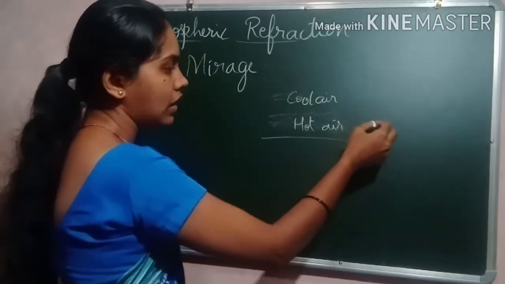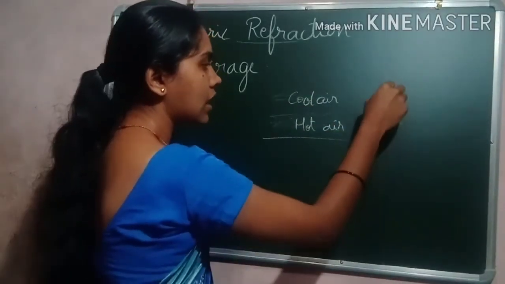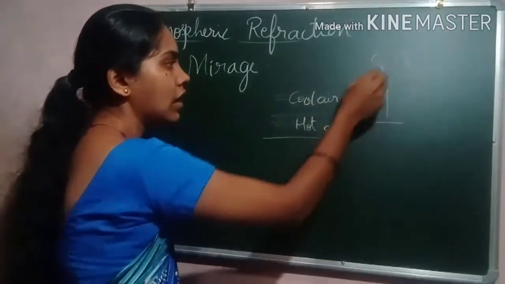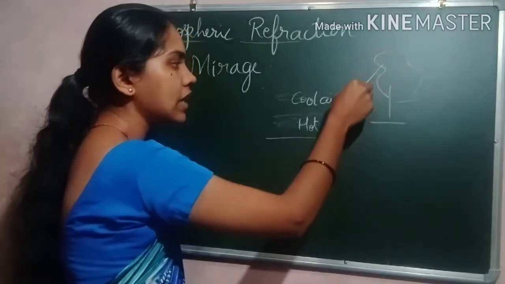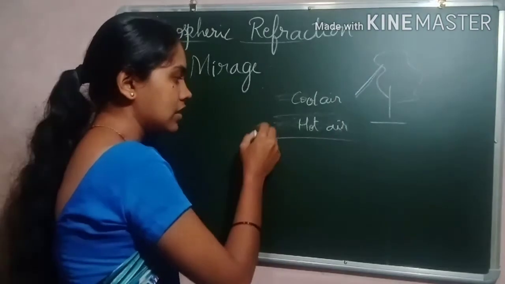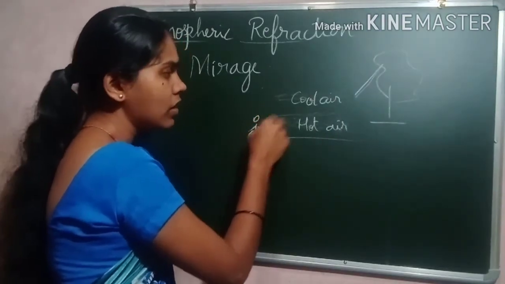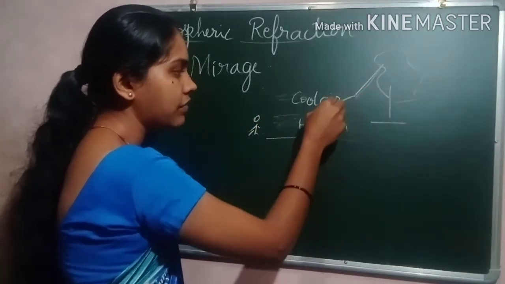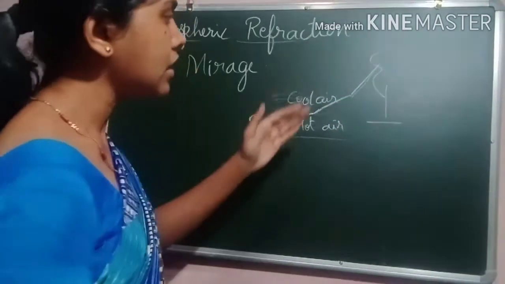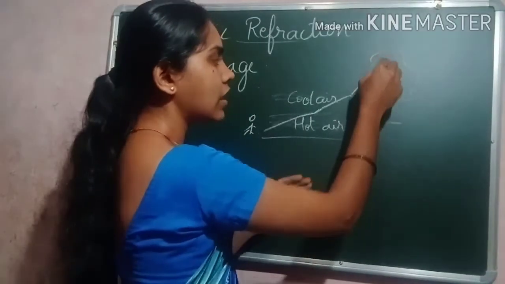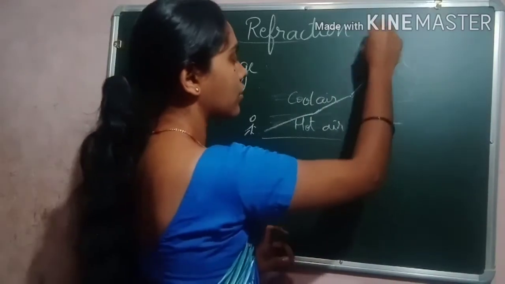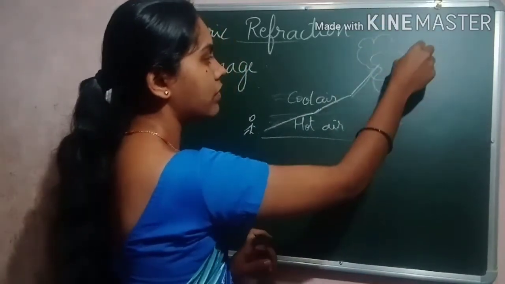And if you consider there is one object or any tree, what happens to the person? When the light passes from this end to this end, it gets refracted, and you can think that this object, instead of the real existence of the object here, is a little above it.